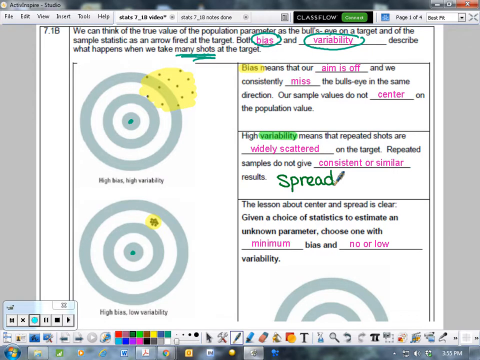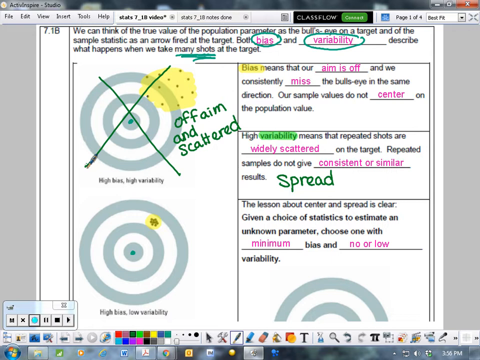So here, we're off aim and scattered. This has high variability and high bias, and that's what we don't want. It's like the worst of both.